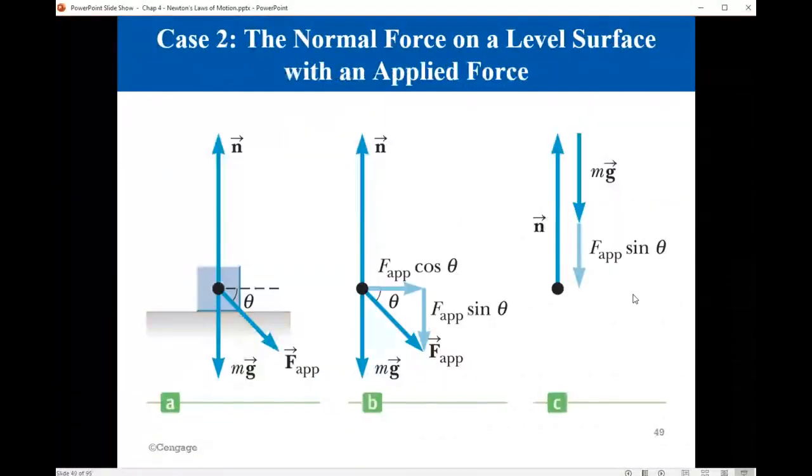Therefore, for this situation, N is greater than mg. N equals mg plus F sine theta.